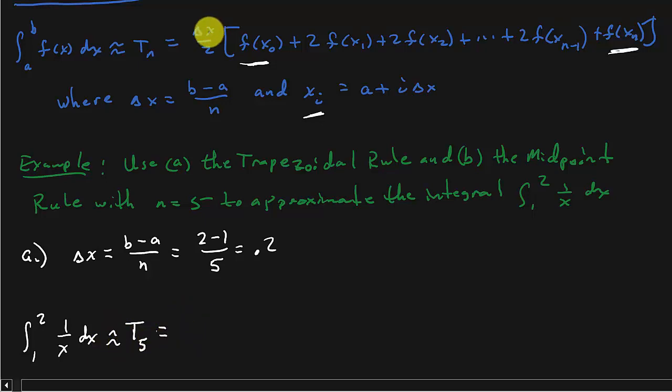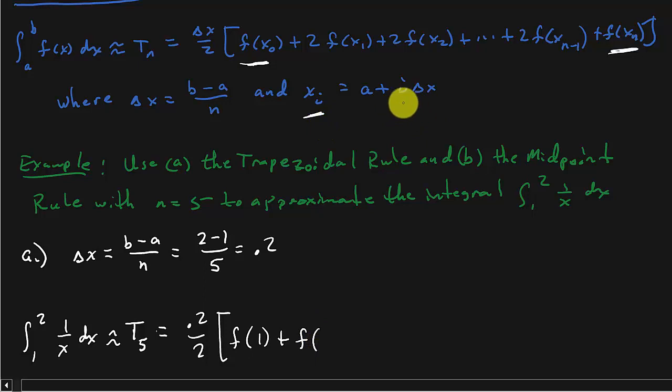So that's delta x, which is 0.2 over 2, see our formula, times f of x naught. We're going from 1 to 2, so a is 1, b is 2. So x naught is 1, and x sub n is 2.